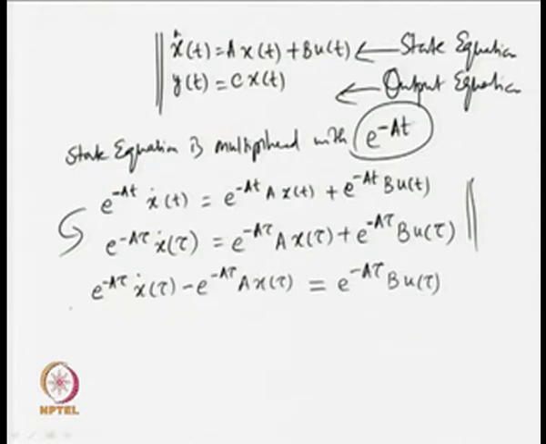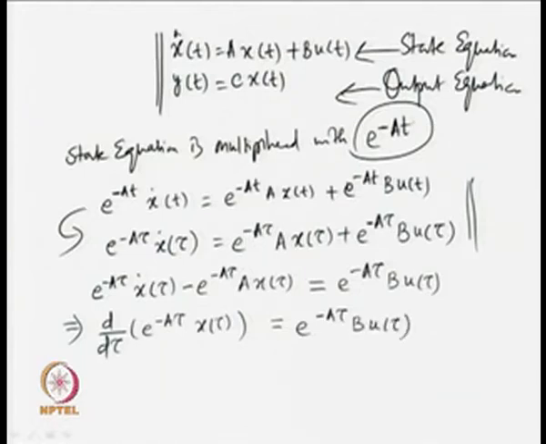This enables us to write the left hand side of the upper equation in the form of d over d tau of e to the power minus a tau x tau is equal to e to the power minus a tau b u tau. Now, up to this point I believe you should have no doubt.